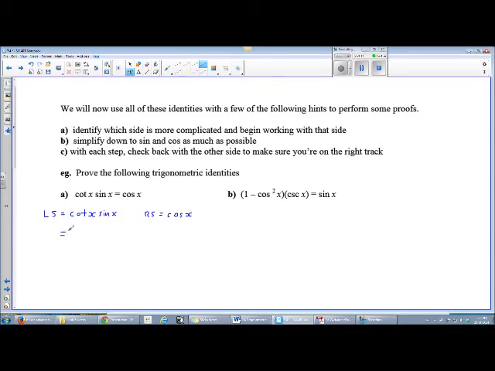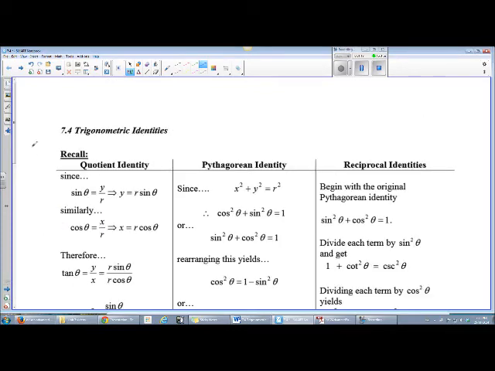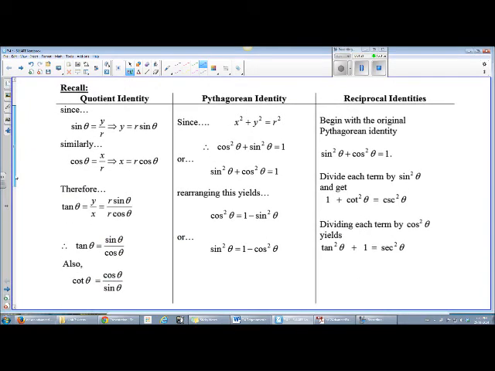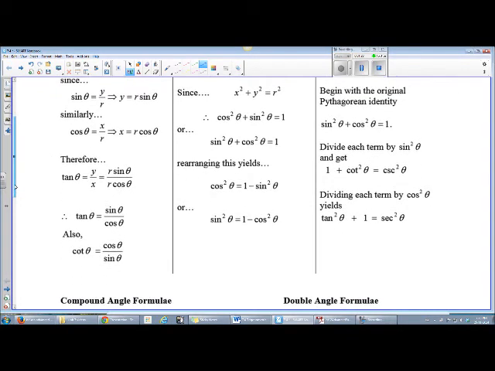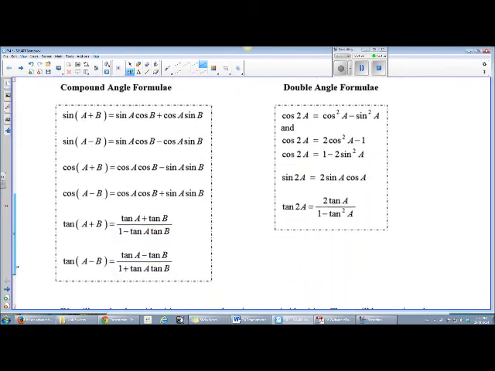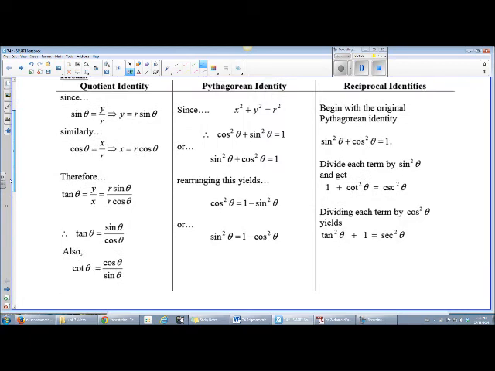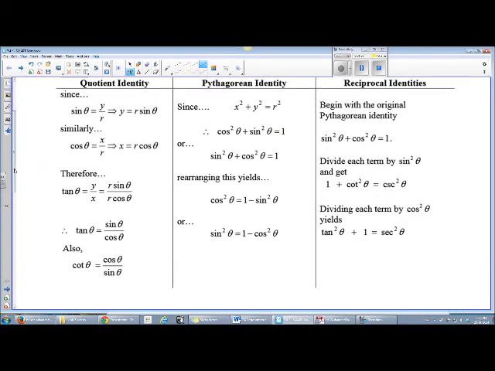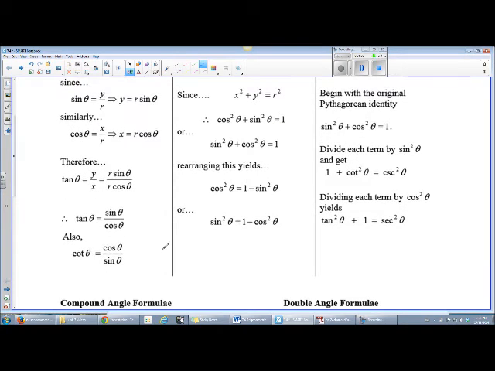So if you can have your identity sheet handy and take a look around and see what kind of relationships you can find. Actually, there's a couple that I haven't listed here. They're not quotient identities, they're more like reciprocal identities, basically.